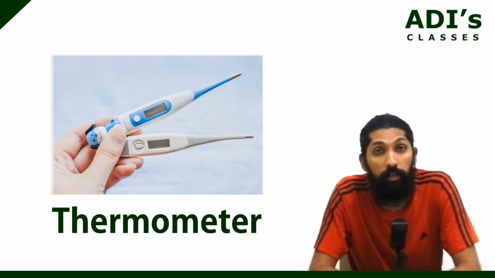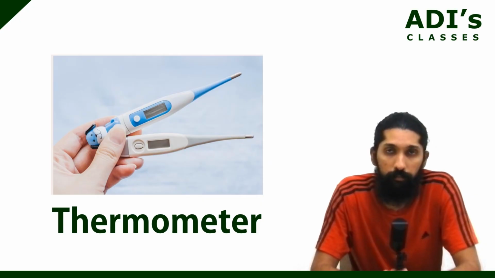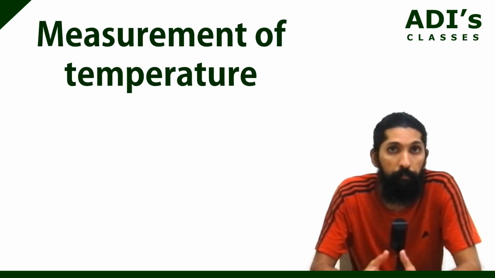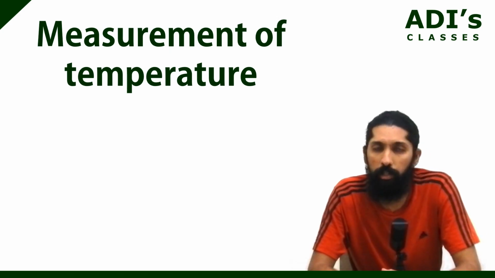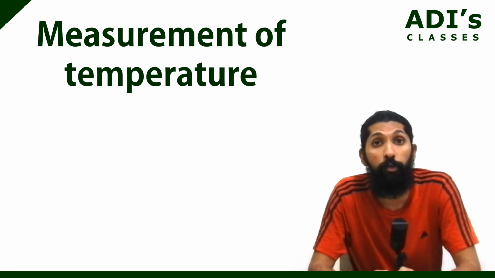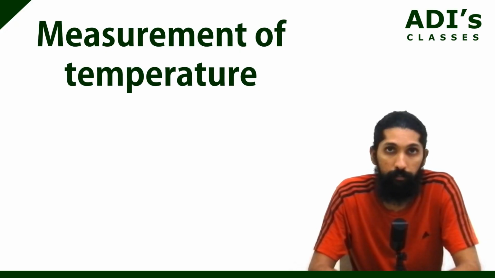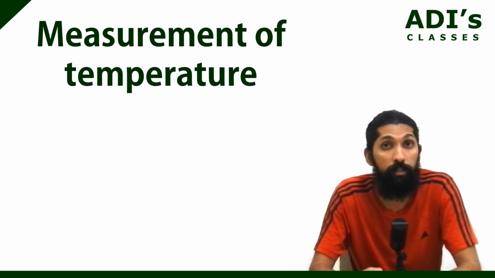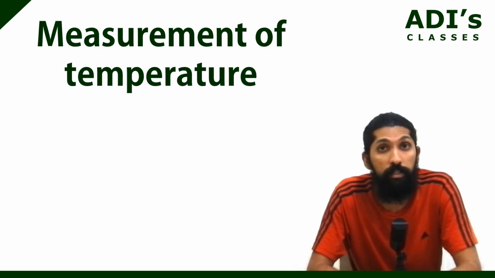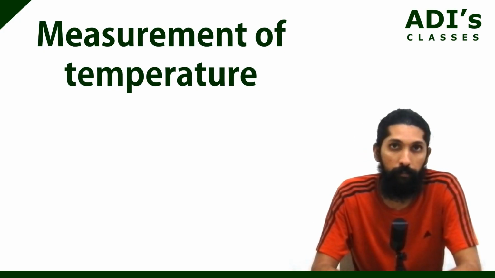All right. Now that we have a thermometer, there are different ways of measuring temperature, and there are different units of measurement of temperature. What we are studying in this topic is what units and measurements we have for temperature.